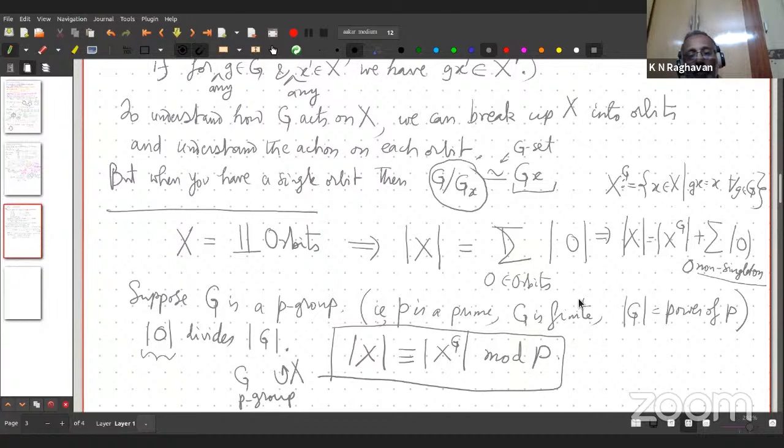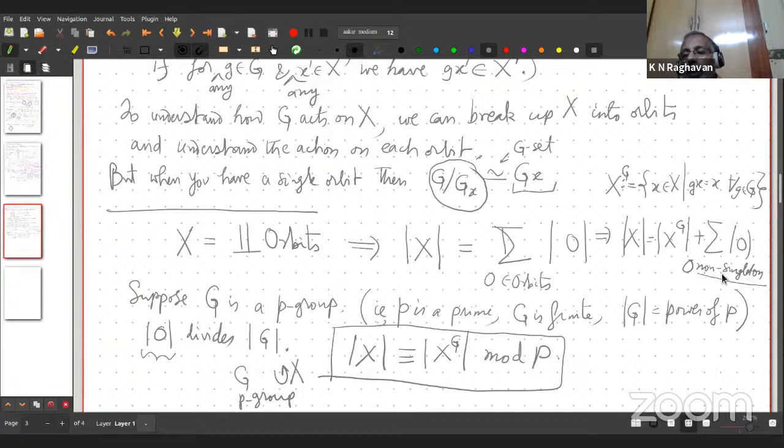And the proof is what we have done. It's rather easy once you know that the order of any orbit divides the order of the group, because I have arranged such that these are all non-singleton.